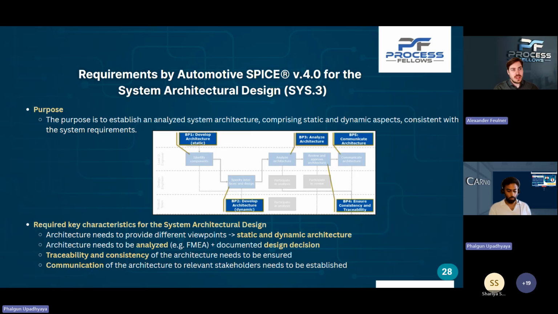The FMEA is well known, but of course you can also have other analysis parts. This helps you later on to have design decisions documented, so you can prepare a comparison of different architectures. Again, traceability and consistency need to be ensured, and the communication needs to be in place. So these are the requirements out of Automotive SPICE for a system architecture.